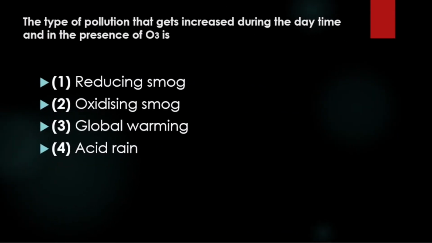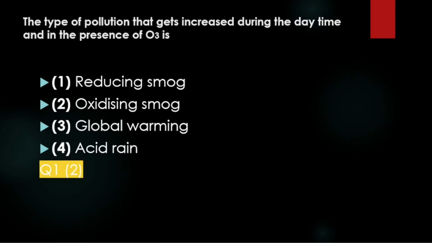The type of pollution that gets increased during the daytime and in the presence of ozone, O3, is... let me show the answer. Oxidizing smog, also known as photochemical smog. We have seen that reducing smog involves sulfur dioxide, smoke and fog.